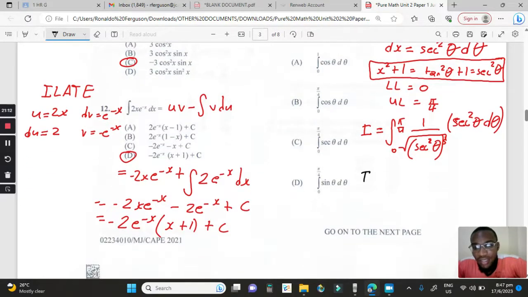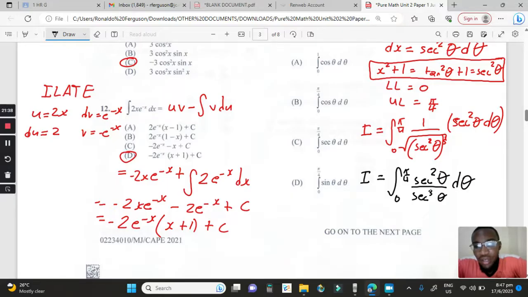So in this case, I equals, notice, squared to the third power is to the sixth power, but when you square root back, the square and the square cancel. So it's the integral from 0 to pi over 4 of sec squared theta over, this is to the sixth power, square rooted is to the third power, so sec cubed theta d theta.